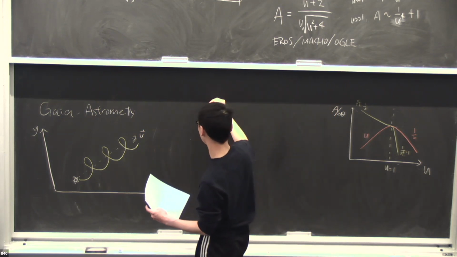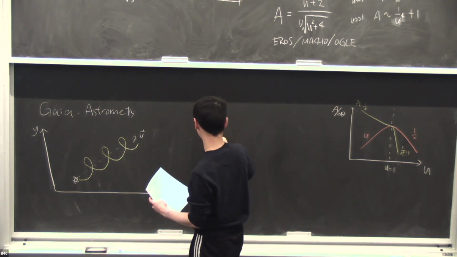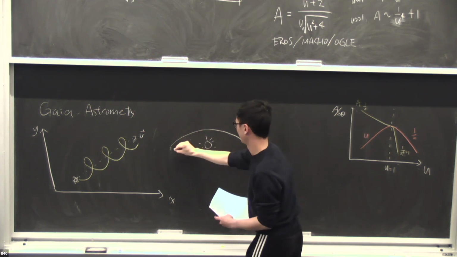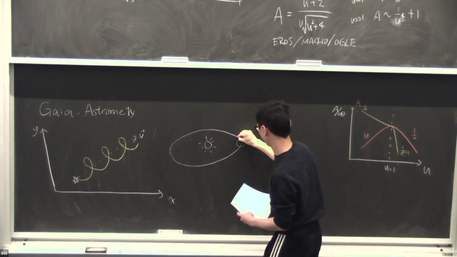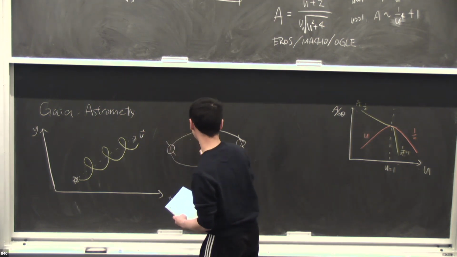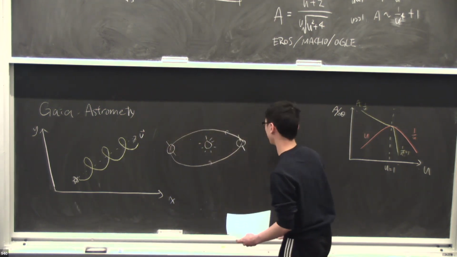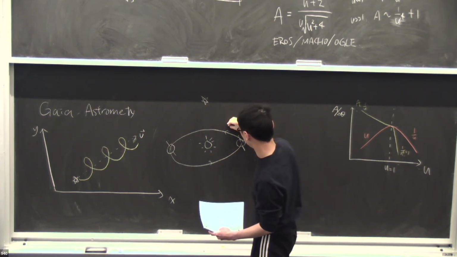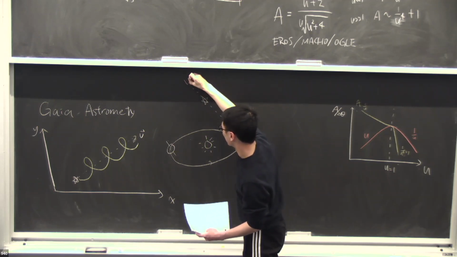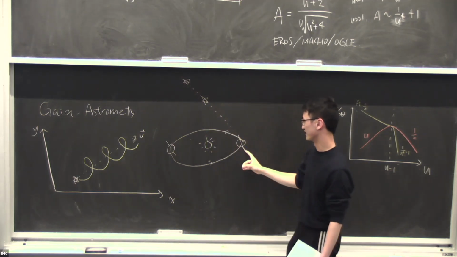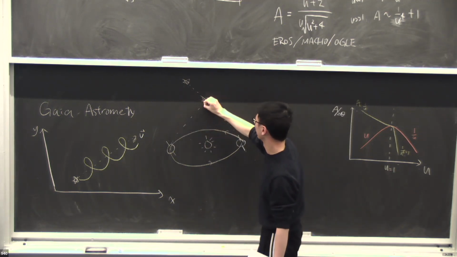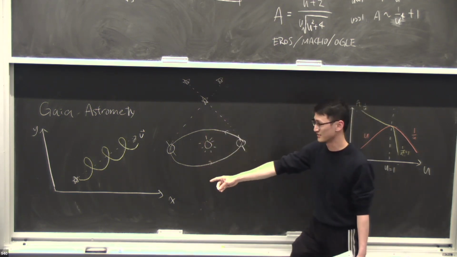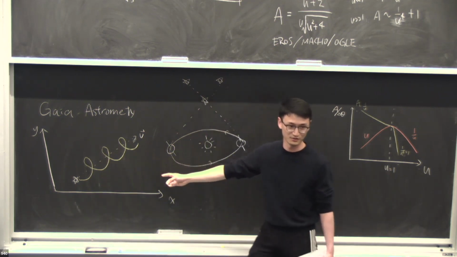So if you draw it out, here is our sun, and Earth is orbiting around the sun, and say there's a star here. We will see this star in winter at this location, and in the summer in this other location. That explains the circular motion.